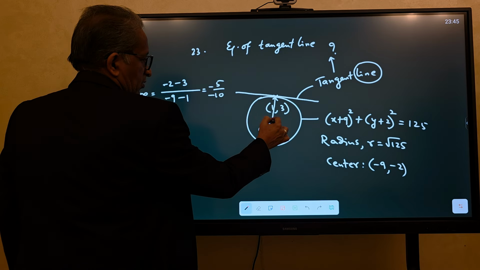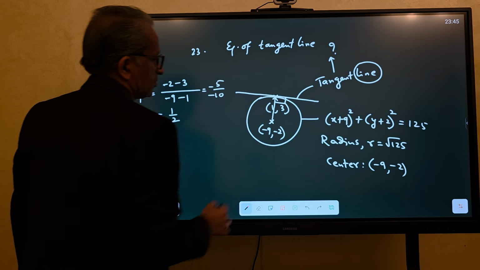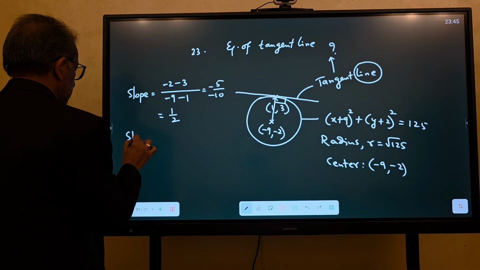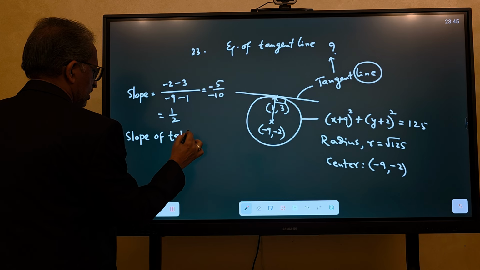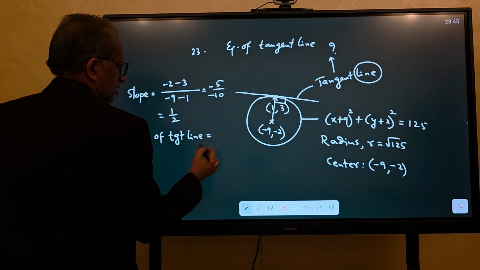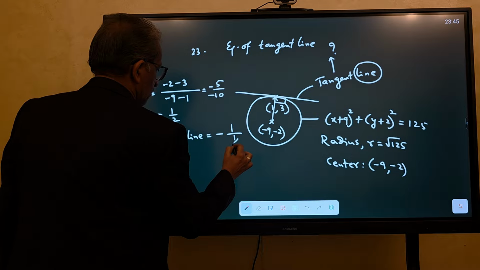If the slope of this one is 1 by 2, what is the slope of this tangent line, which is perpendicular? The slope of the tangent line is perpendicular, that means minus 1 by 1 by 2.